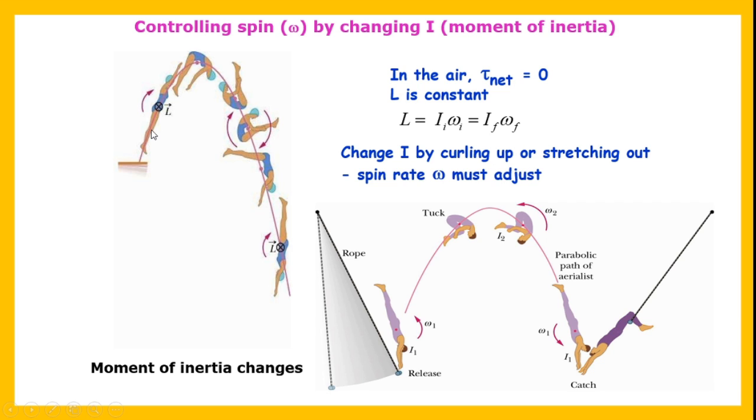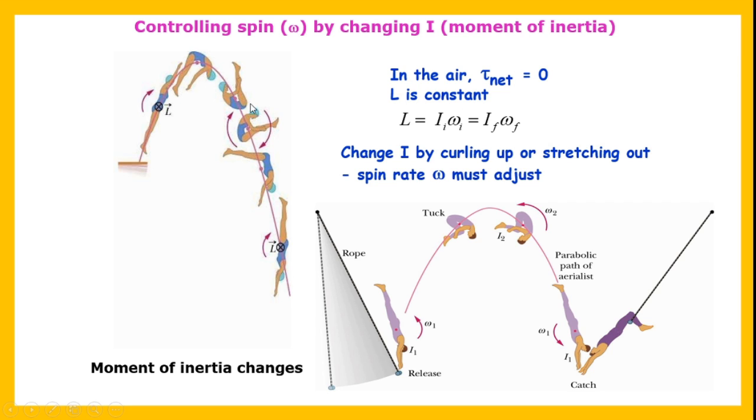Whatever the value of the moment of inertia is, the spin rate, or angular velocity omega, should get adjusted accordingly. So when she stretches her hands or her body, the moment of inertia is more, so the spin rate omega gets adjusted to a lower value.